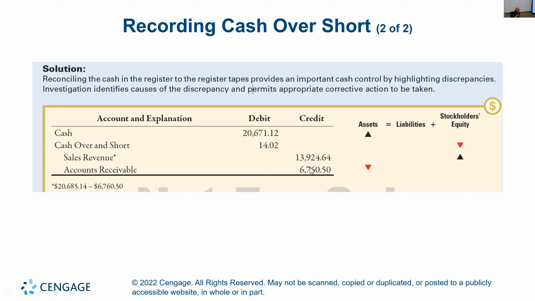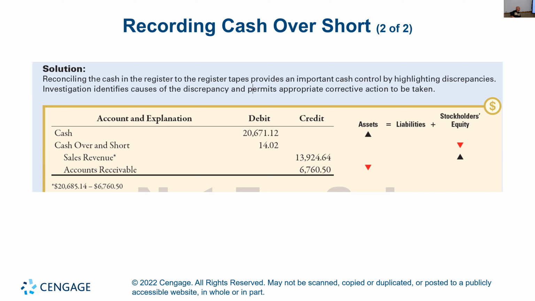However much cash the tax, this is how much cash we should have from both our sales and what we collected from receivables from the information given. This was the actual cash. It was $14.02 short. So this is an adjusting entry, or an additional kind of entry that needs to be made into a journal entry when recording cash for the day, cash sales for the day.